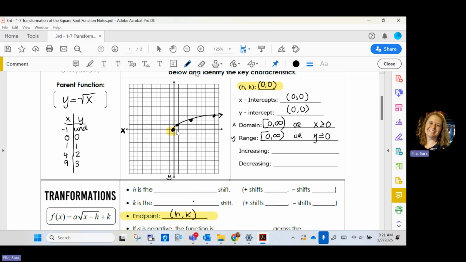From left to right, am I going up or down? Yeah, it's going up. Increasing and decreasing is talking about is the y value going up or down? Okay, our y value is going up, but it's as x goes from left to right. So as x increases, what is y doing? That's what this is asking. So as we go from left to right, our y value is going up.